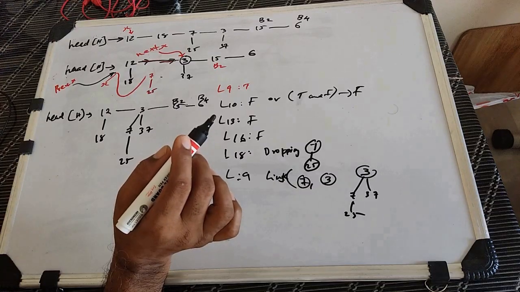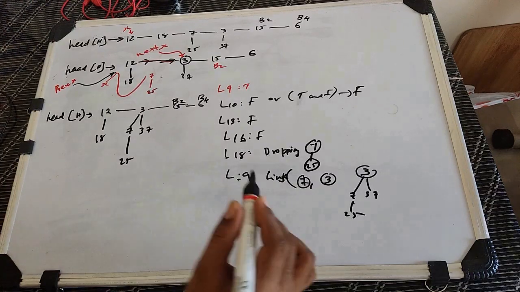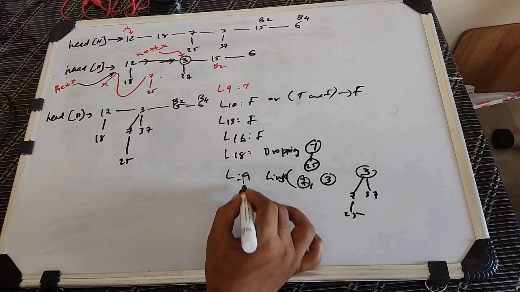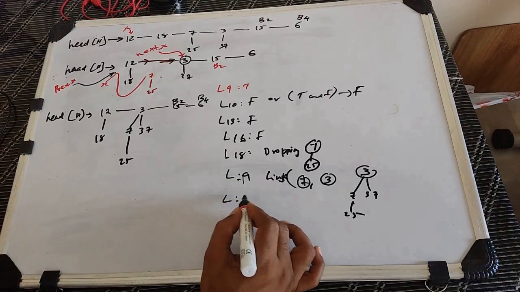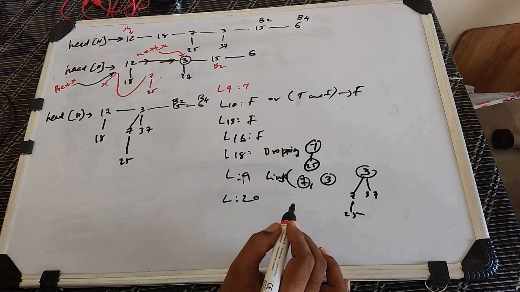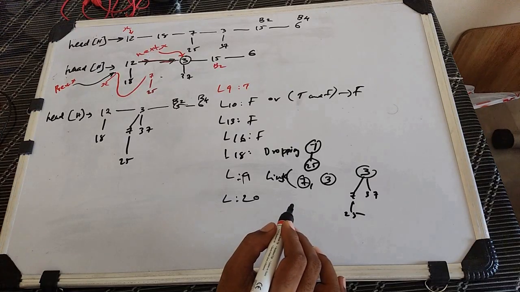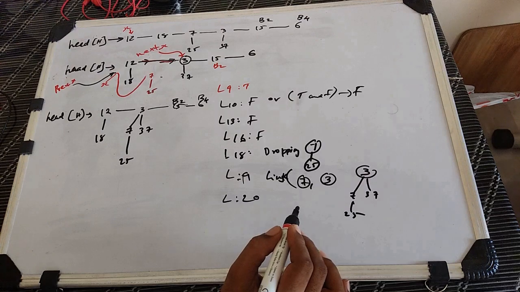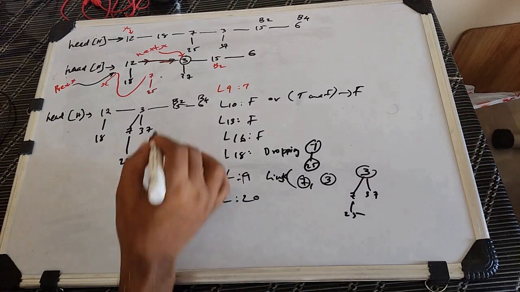Then x becomes, that is line number 20. Line number 20, x is equal to next x. Now x is, okay, x equal to next x.